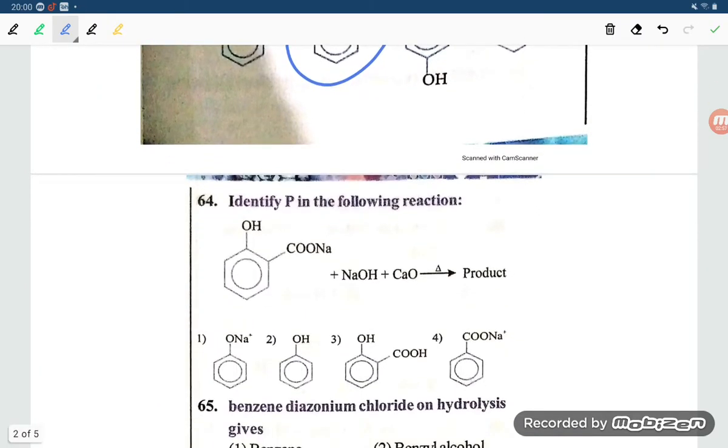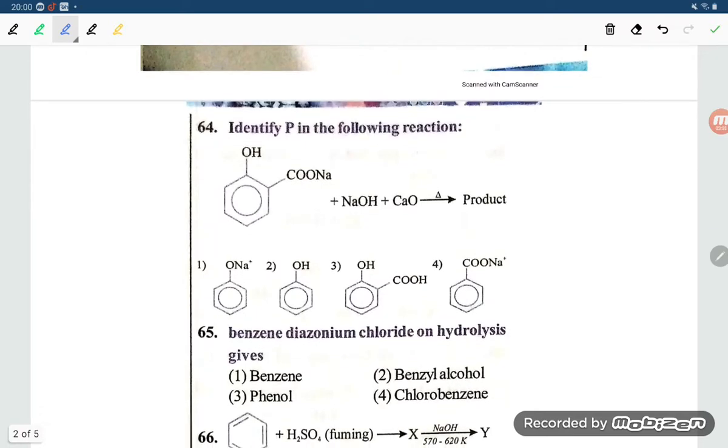Next one, identify P in the following reaction. So in this reaction, what is happening? We have a sodium substituted carboxylic acid group. If you are going with NaOH, this is a decarboxylation reaction.